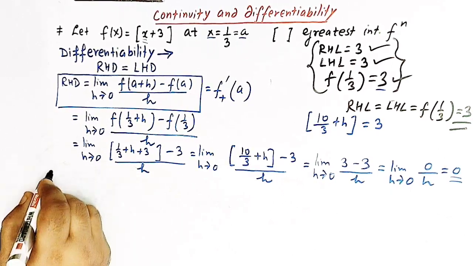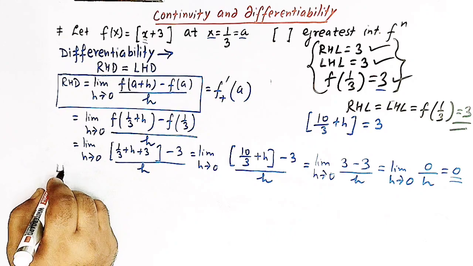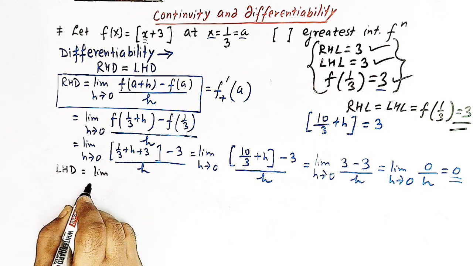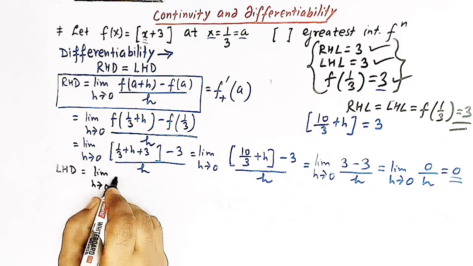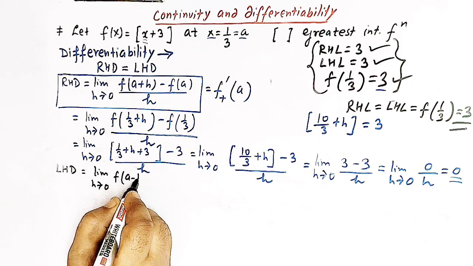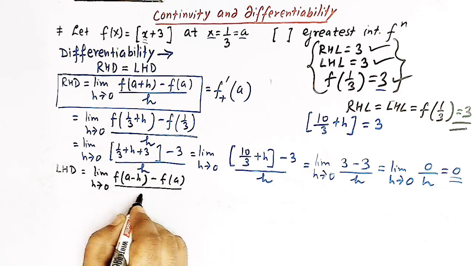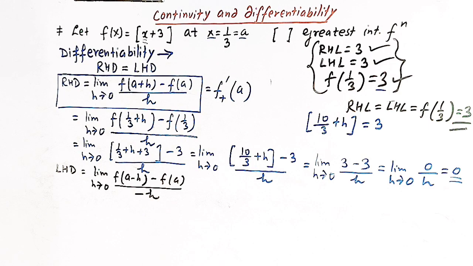So now let us calculate the left hand derivative. So the left hand derivative is given by this limit h tends to 0, f(a - h) minus f(a) divided by minus h, right?